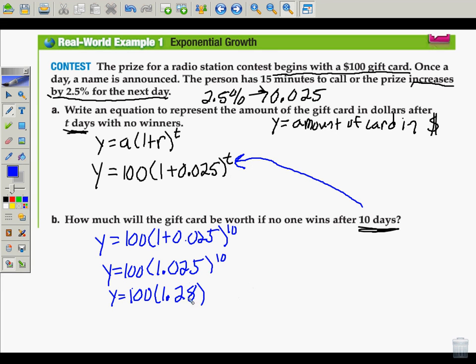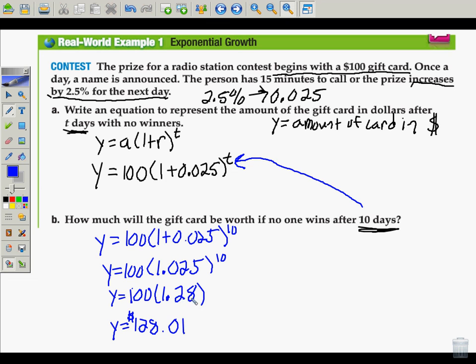That will give you the most accurate answer. So I get y equals $128.01. And notice, if you would have just done 1.28 times 100, you would not have got this 0.01. That's why you have to make sure to leave all those other numbers in your calculator.